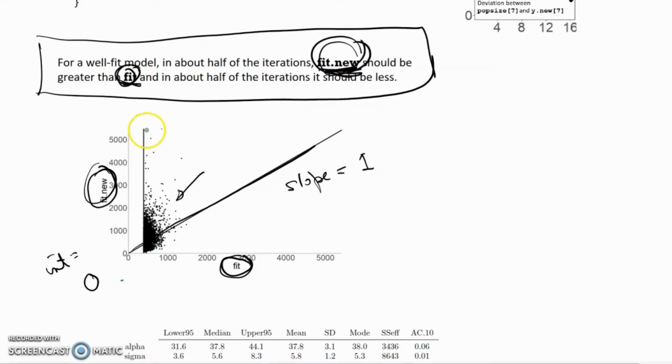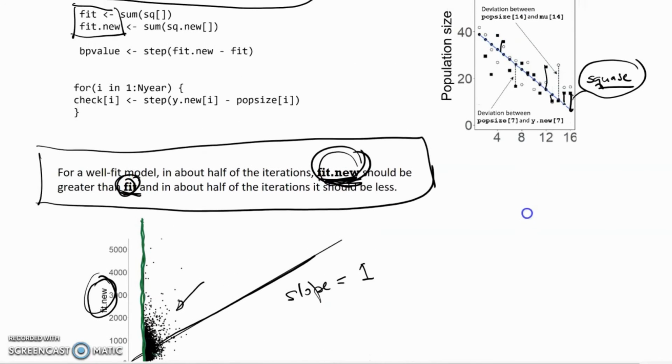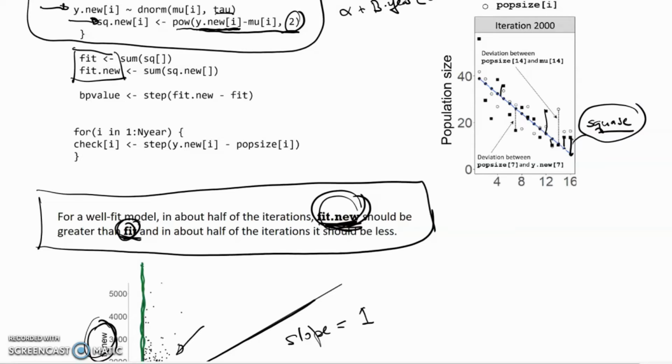Now, this sharp edge here isn't worth worrying about. If you are concerned about it, it's explained in the notes. So that's one goodness of fit test.